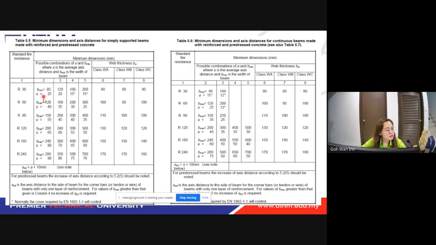So B minimum here you can see is 140, so you need to get at least 120, sorry, 120. So the B min is at least 120. You need to check how to use these two tables.